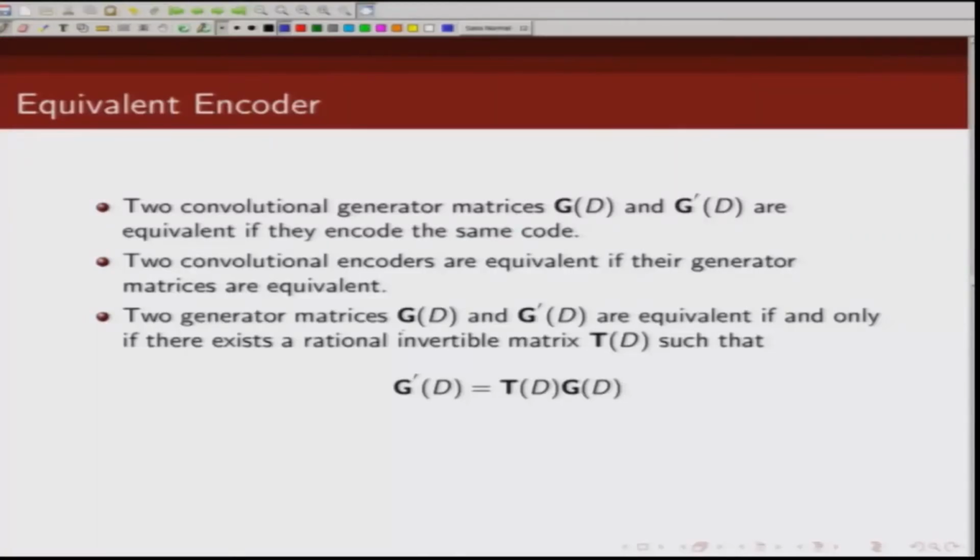So, if G(D) and G'(D) are equivalent, this condition should hold. Two generator matrices are equivalent if and only if there exists a rational invertible matrix T(D) such that we can obtain G'(D) by T(D) multiplied by G(D).